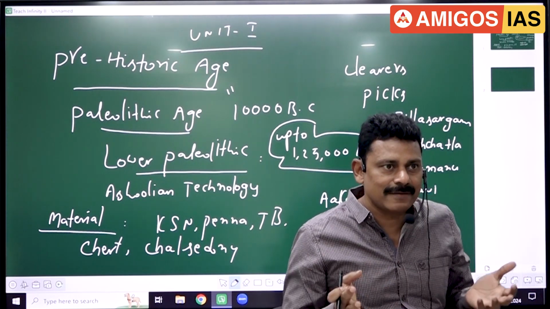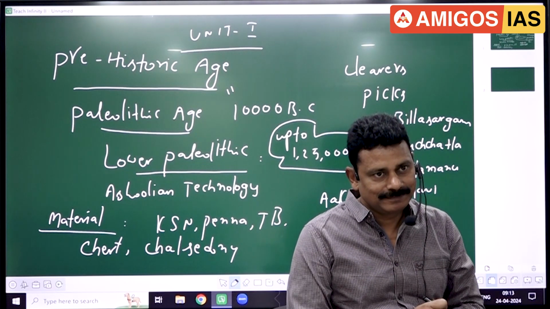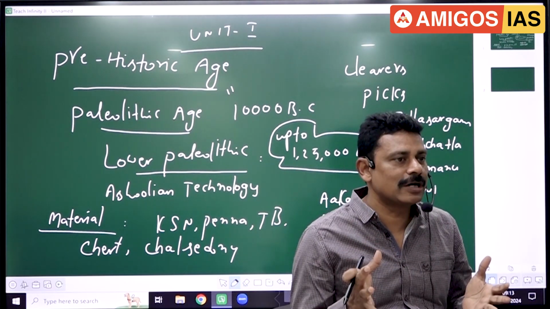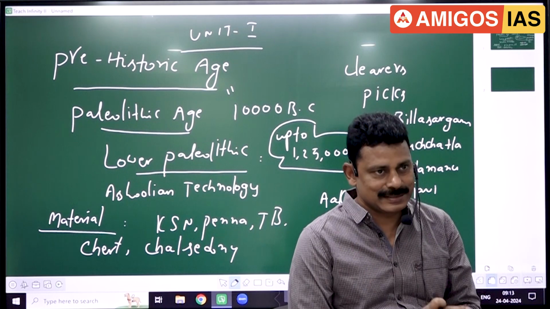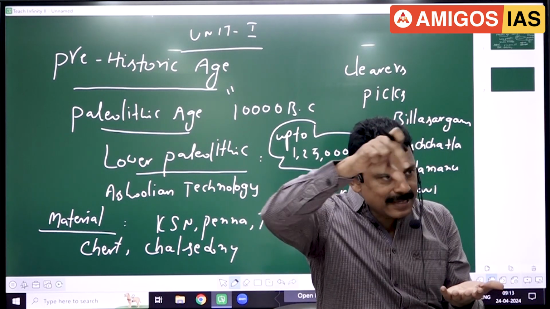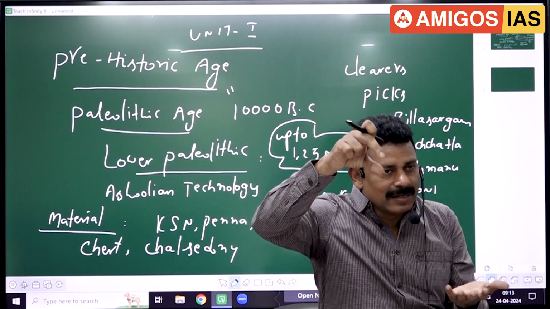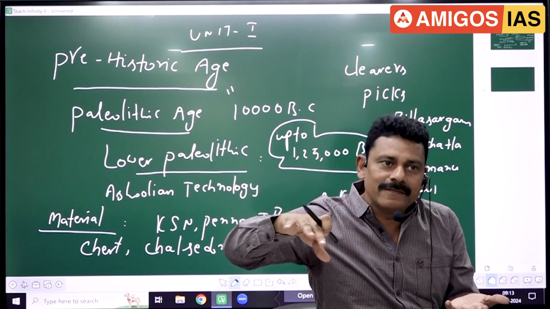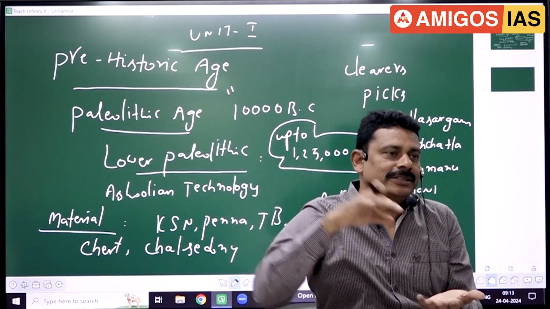Pleistocene is otherwise called the Ice Age. The Ice Age is the age of the glaciers. During this entire period of millions of years, the entire earth was filled with a white ice sheet.